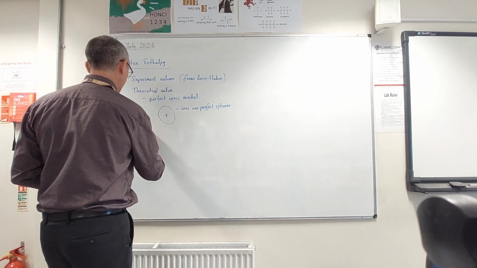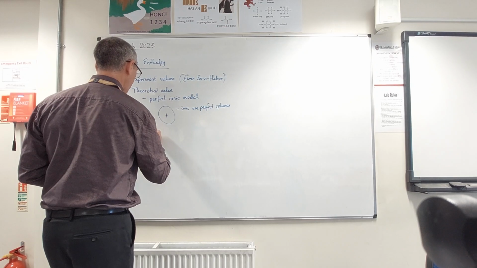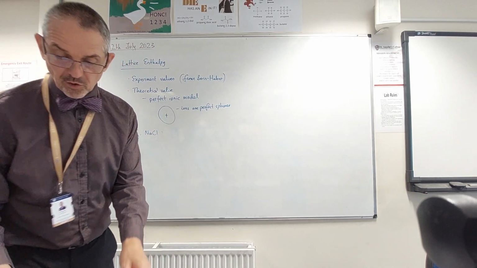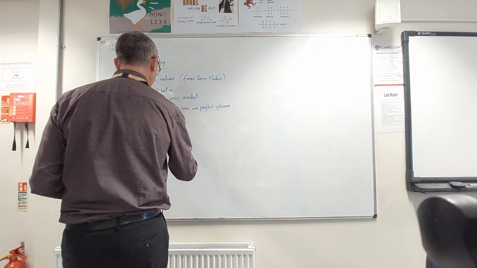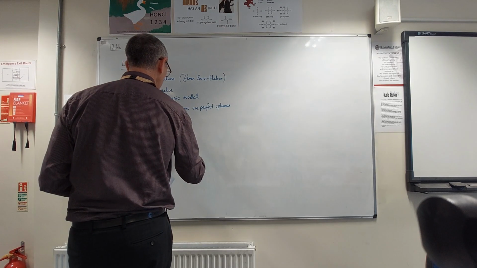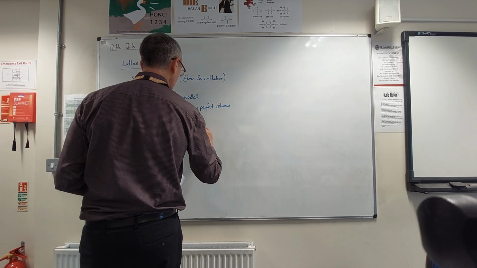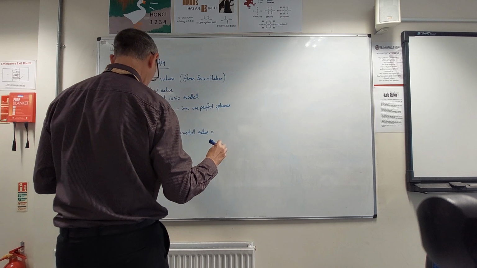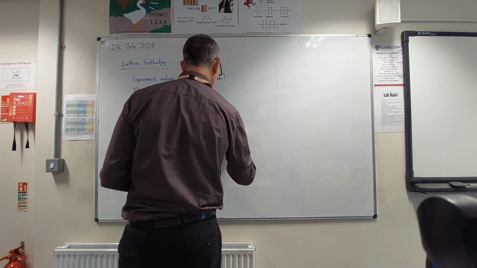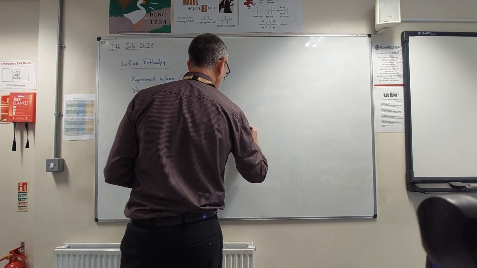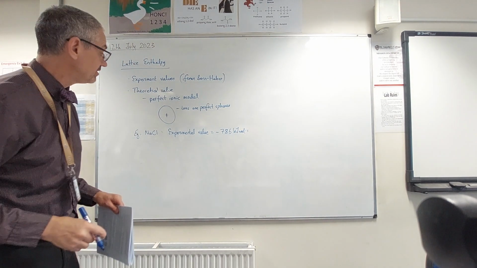So let's have a look. Sodium chloride. Sodium chloride's experimental value, that's the Born-Haber value, is minus 786. Of course, that's the lattice formation enthalpy.